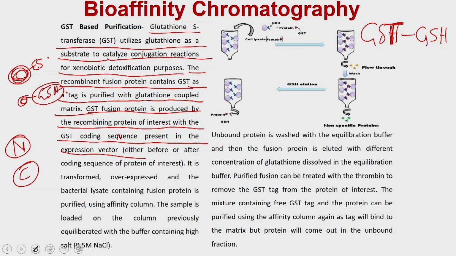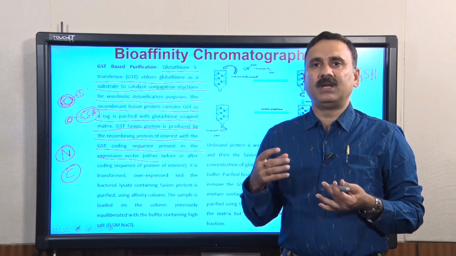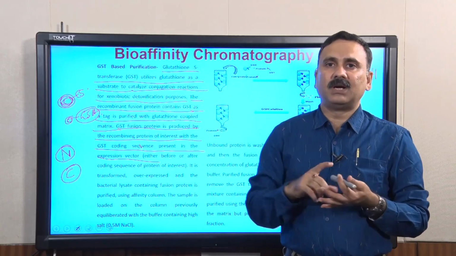So, you will transform this fusion protein which contains the GST either on the N terminus or the C terminus, and then you will overexpress the protein, take the protein lysate and pass it through the column.